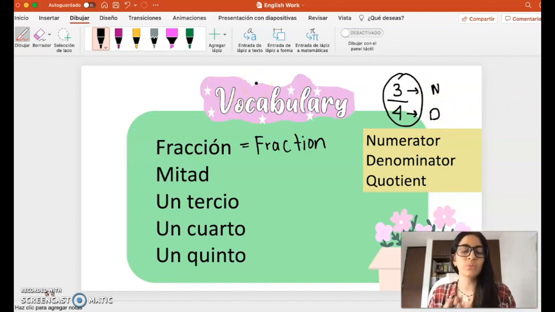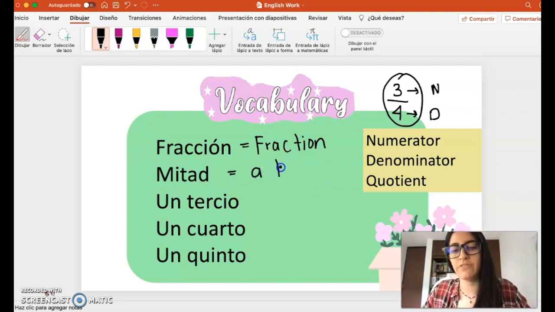Then we have some words that are important in math when we can use, for example, when you are going to buy something in a supermarket, for example, like mitad.